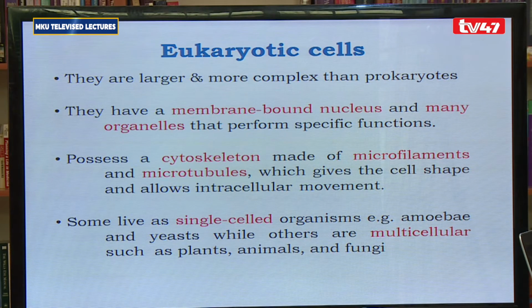Some eukaryotes live as single-celled organisms, such as amoeba and yeast. Others are multicellular, meaning they're made up of many cells, such as plants, animals, and fungi.